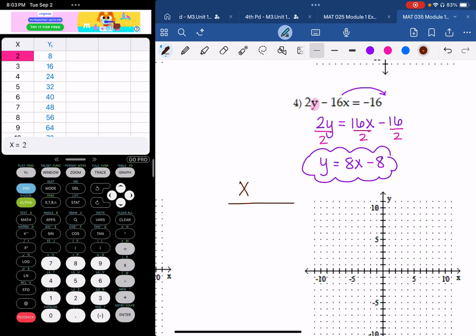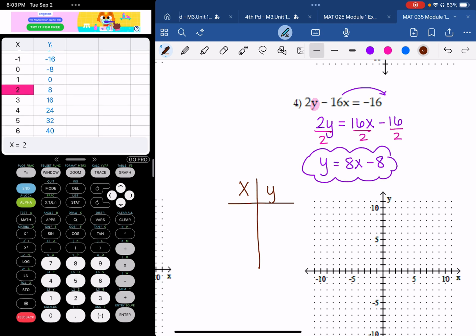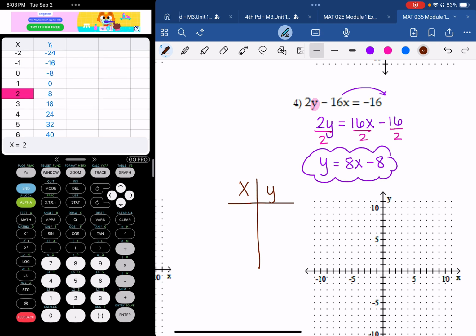I can make any table of values I want. So I'm just going to come up here and I'm going to say, okay, well, I like that 1, 0 is there. So I'm going to pick that. I like 2, 8. 3, 16 is kind of big, but I like 0, negative 8. And we'll go with those.